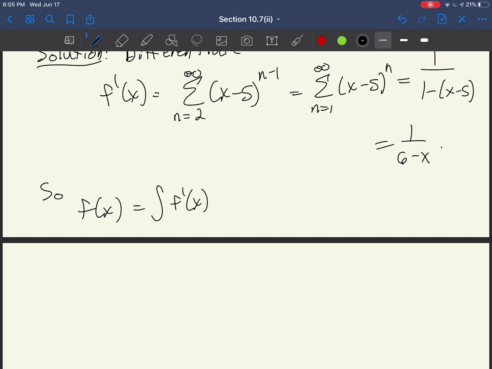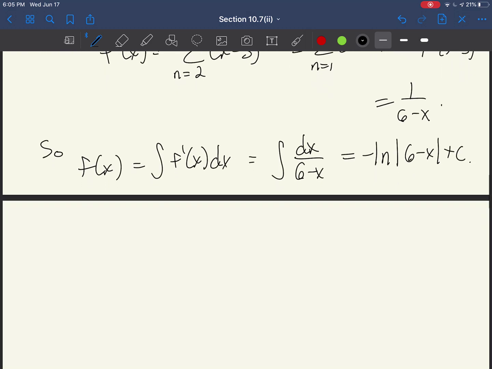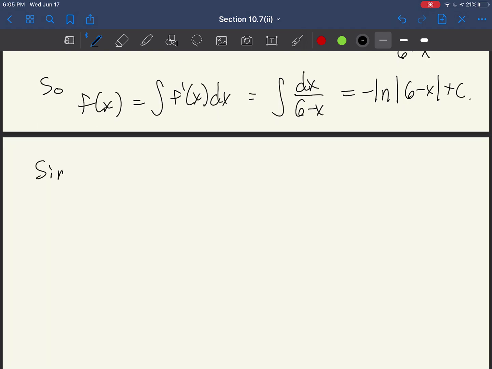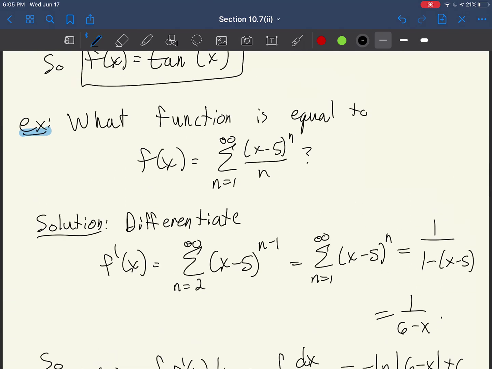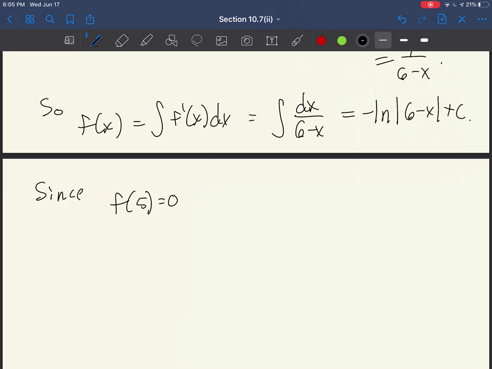Undo that differentiation. So f of x equals the integral of f prime of x dx equals the integral of dx over 6 minus x, which is negative natural log absolute value of 6 minus x plus c. Since f of 5 equals 0, you want to use the center here.